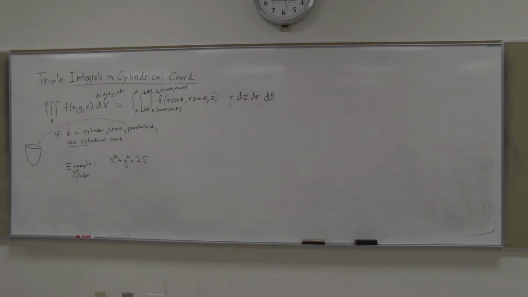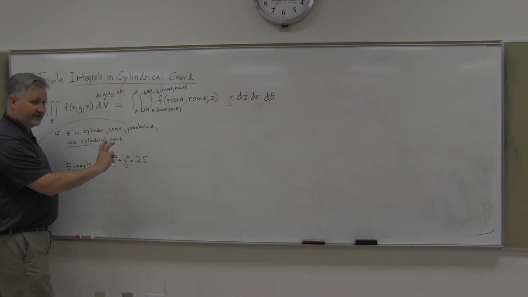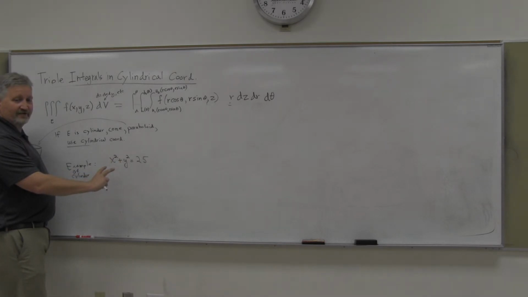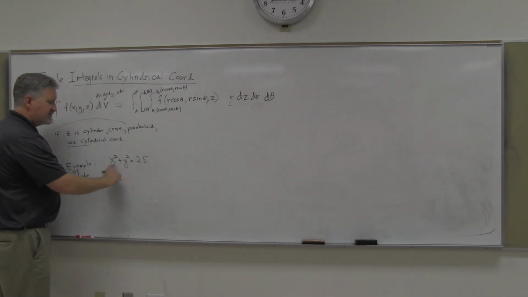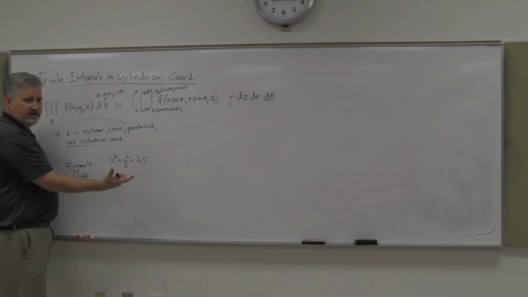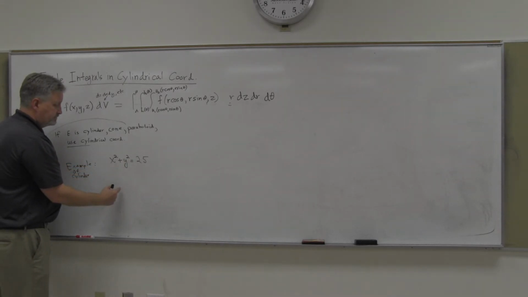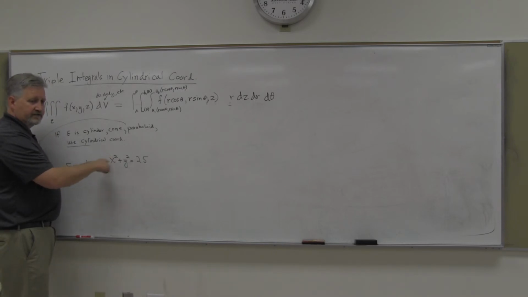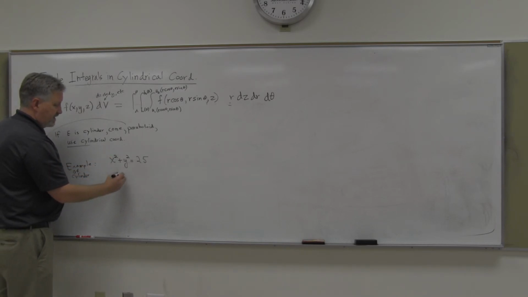Three-dimensionally speaking, that is a cylinder. Because in three dimensions you need x, y, z, and this doesn't have a z with it. So obviously, what have I got in two dimensions? It's a circle, radius 5, right? So in the xy plane, it's a circle, radius 5.